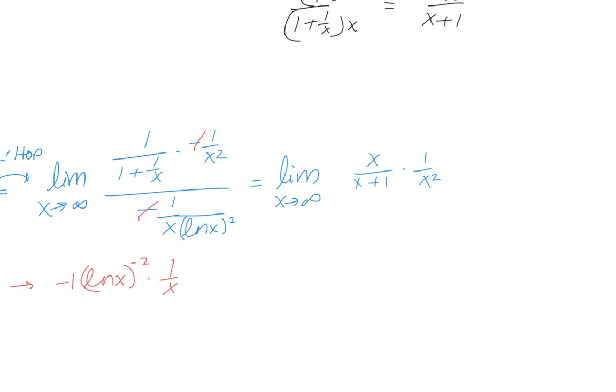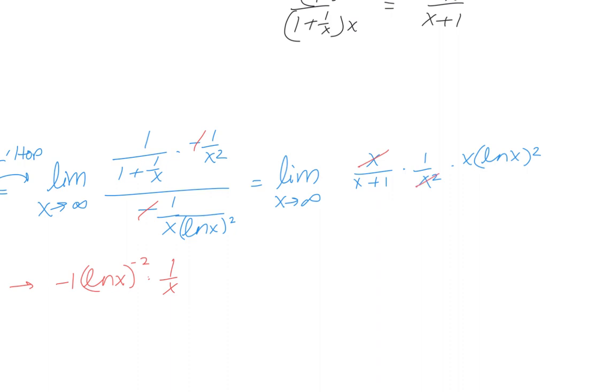And then we're going to multiply by the reciprocal of this denominator fraction, because this is the numerator fraction multiplied by this denominator fraction. The reciprocal of the denominator fraction will be x, the natural log of x, the quantity squared.